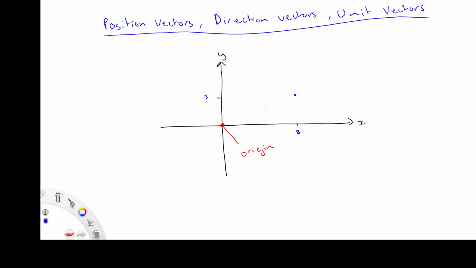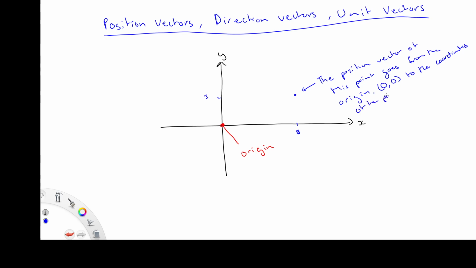Now, the position vector of this point goes from the origin, so 0, 0, to the coordinates of the point, which will be essentially 8, 3.